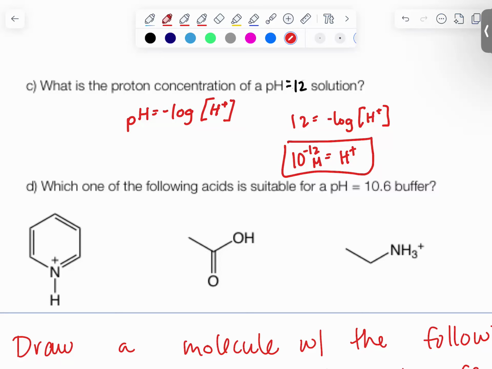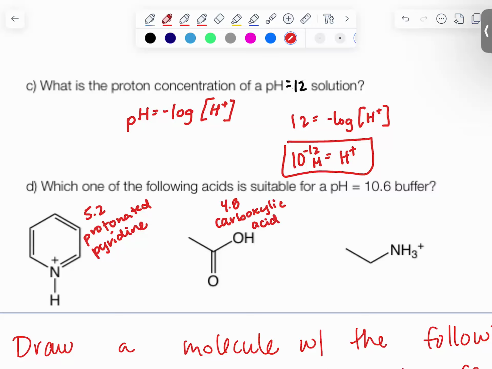So what is the pKa of this first one? 5.2. This is a protonated purine. What about the second one? What functional group is this? A carboxylic acid.